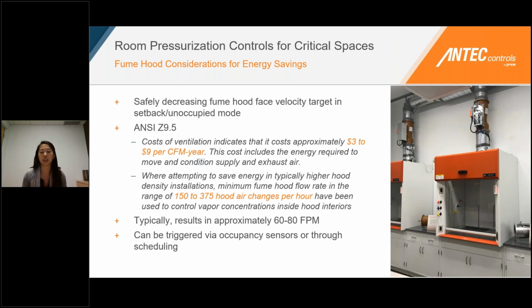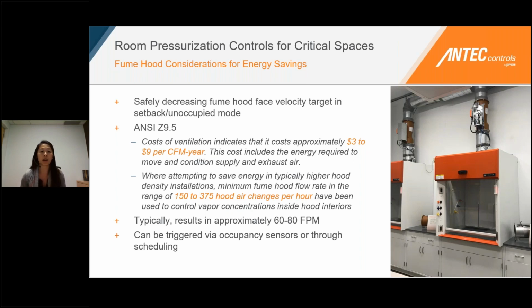But again, this is just an approximation. The 60 to 80 feet per minute isn't in the standards itself. If you're looking at designing a fume hood at a lower face velocity than 100 feet per minute, you want to look at the 150 to 375 hood air changes and use that as a guideline.